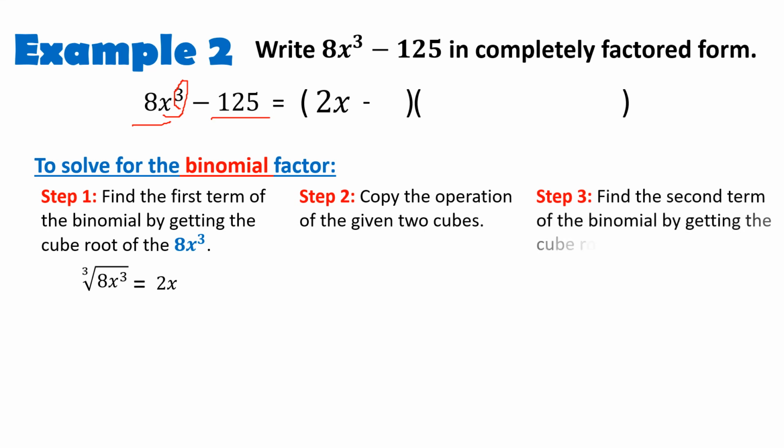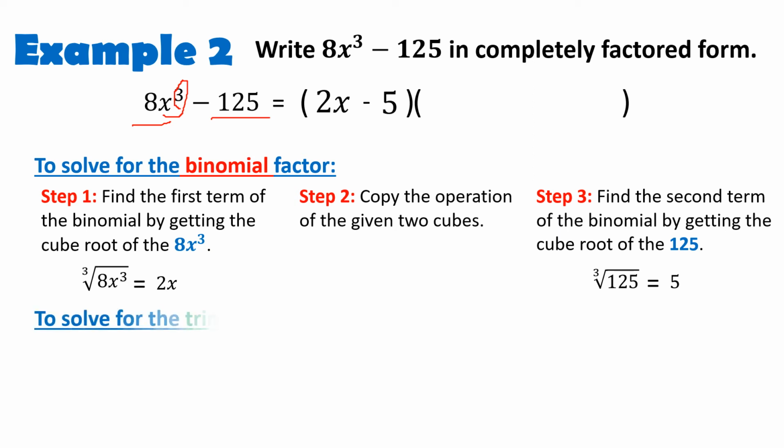And then step 3, find the second term of the binomial by getting the cube root of 125. So the cube root of 125 is equal to 5. Now, we already have our binomial factor. Let's proceed by solving the trinomial factor.